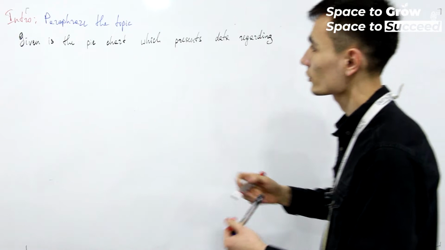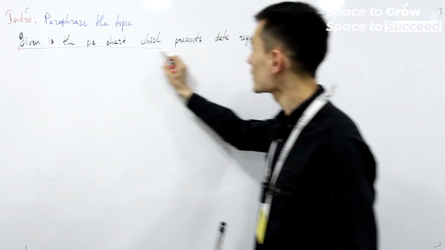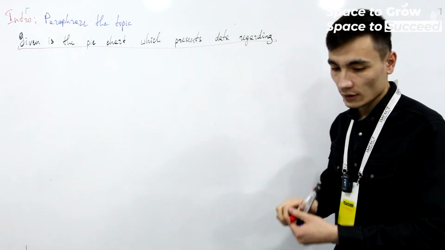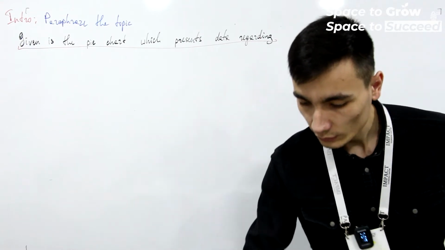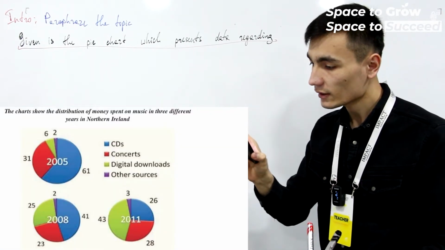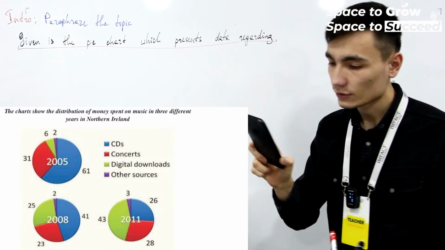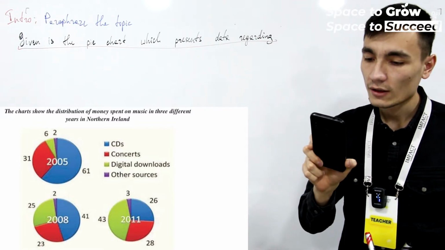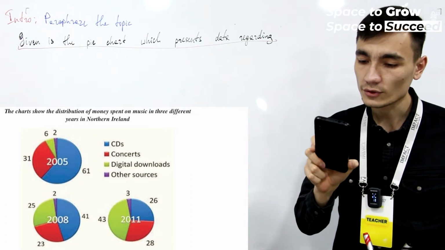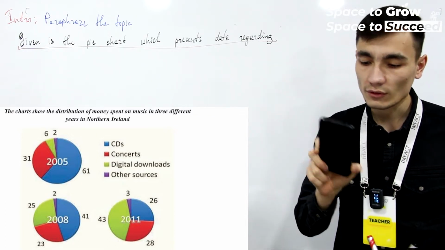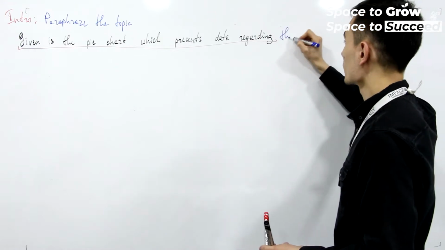This is the beginning structure that never changes, and we have to give the rest of the sentence. Well, they said distribution of money spent on music in 3 different years. So we just change the structure. Instead of distribution, we say the proportions of money. Let's write here.